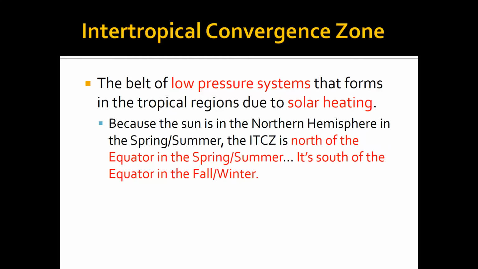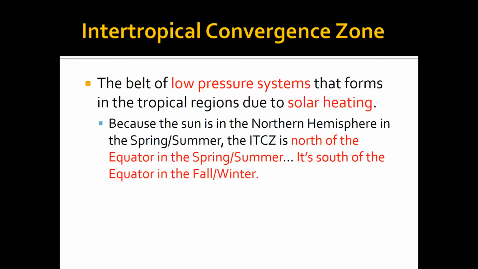Now, one of the things that I didn't mention so much when talking about the three-celled model is that in real life, the sun travels north in our summer months, south in our winter months. And as a result, this Intertropical Convergence Zone travels to the north in our spring and summer months and travels to the south in our fall and winter months.